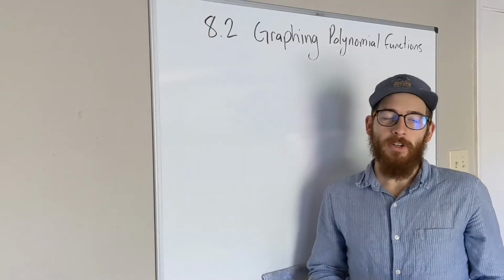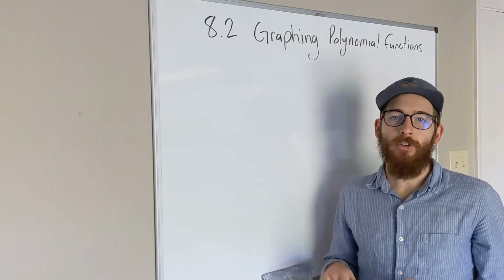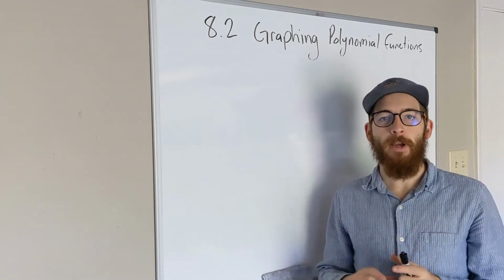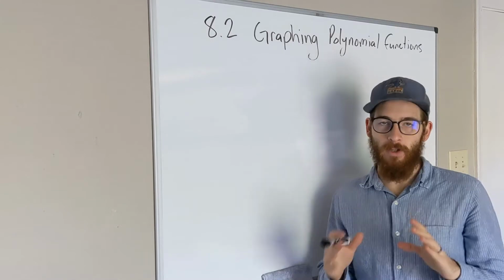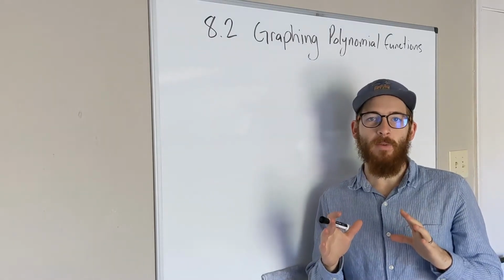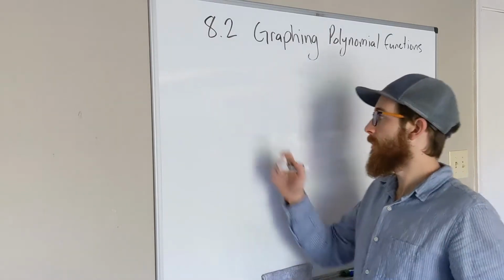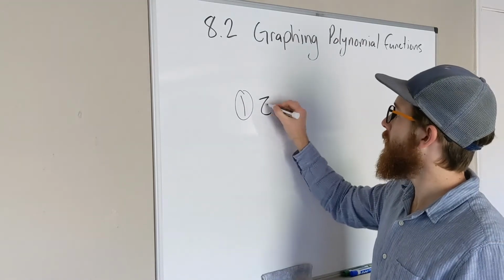In 8.1, we started talking about graphing, but in 8.2, we're going to be a little bit more specific about it. We're going to look at functions, and we're going to find the zeros first. So first, find the zeros.